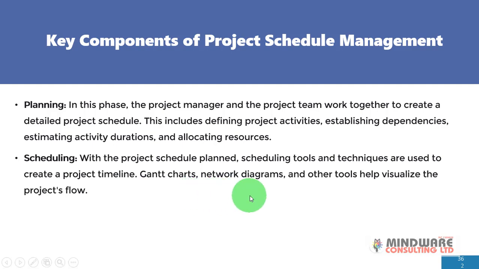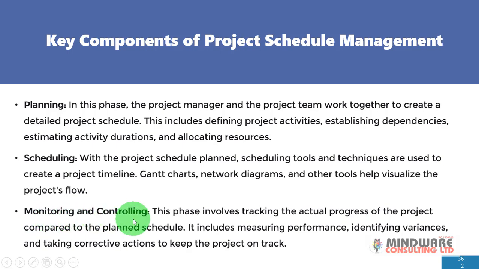Gantt charts, network diagrams, and other tools help visualize the project flow. We're going to be looking at Gantt charts later, but I believe you're familiar with network diagrams. We're also going to see that later. These are the things you're going to use to help you visualize the flow of your project.